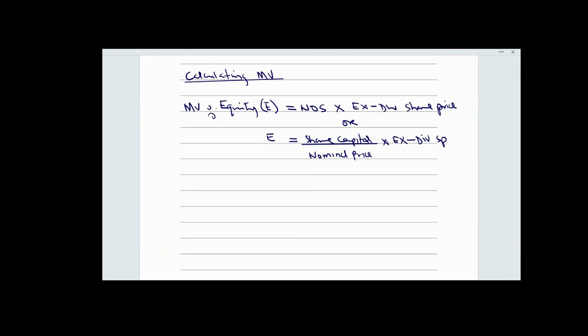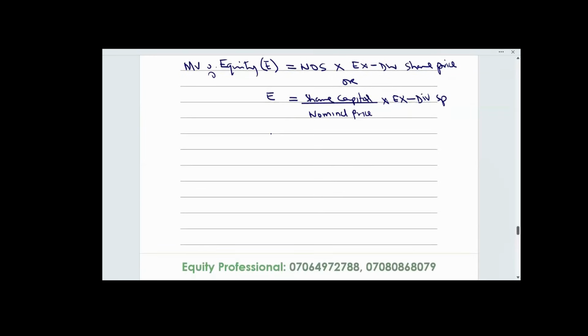Then let's talk about how to calculate market value of preference share. Market value of preference share is the same formula as market value of equity. So market value of preference share is number of preference shares multiplied by XDIV share price.